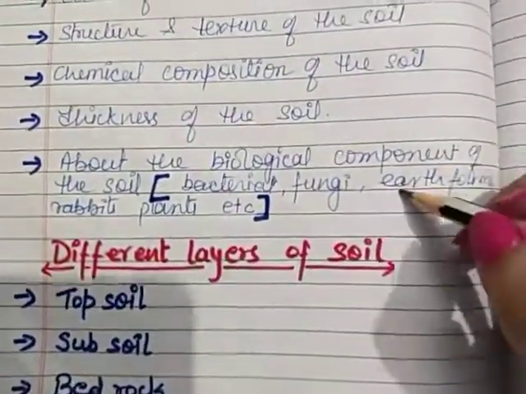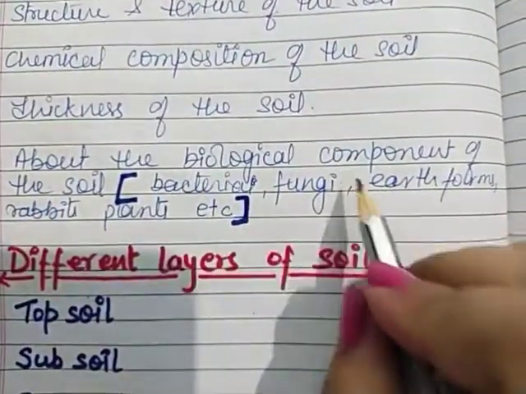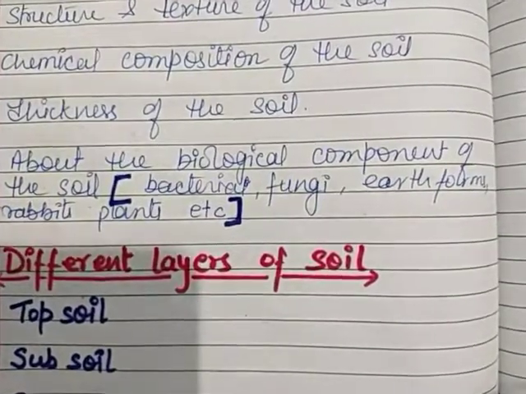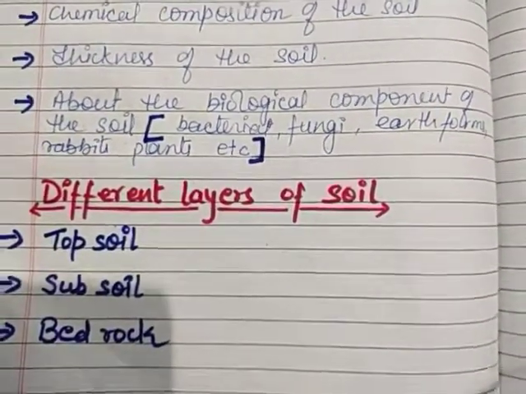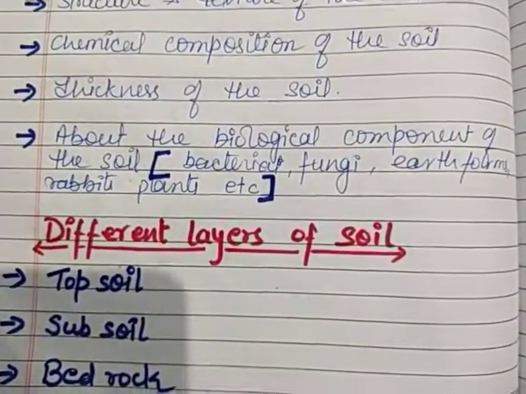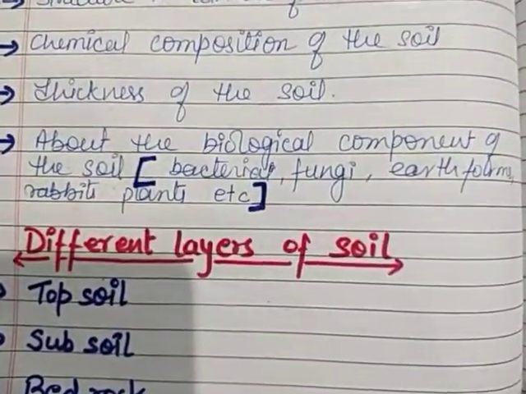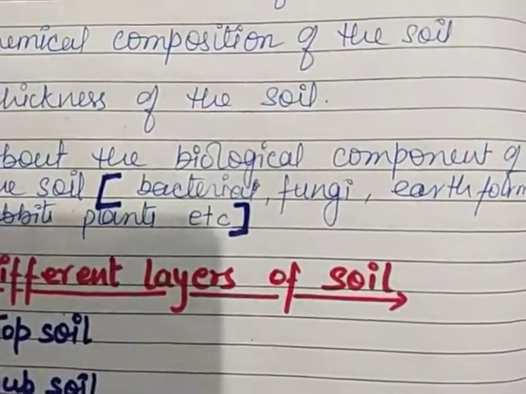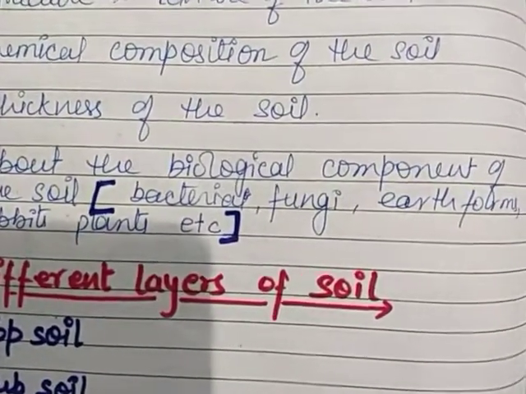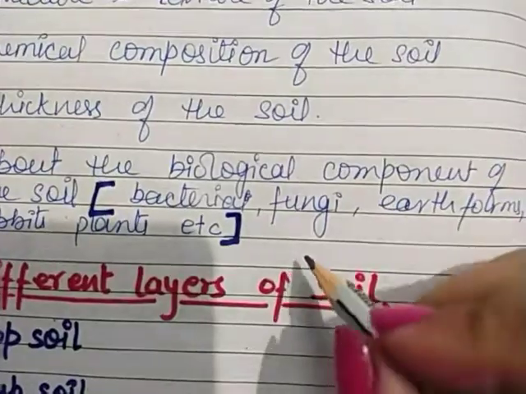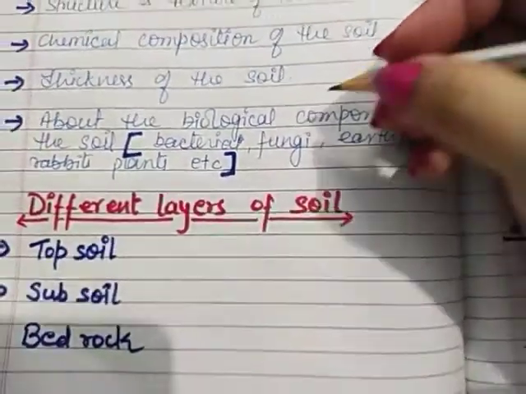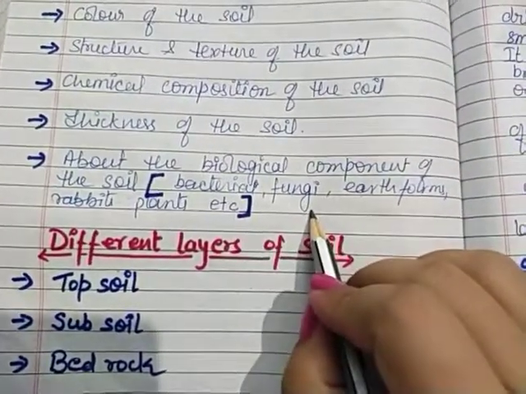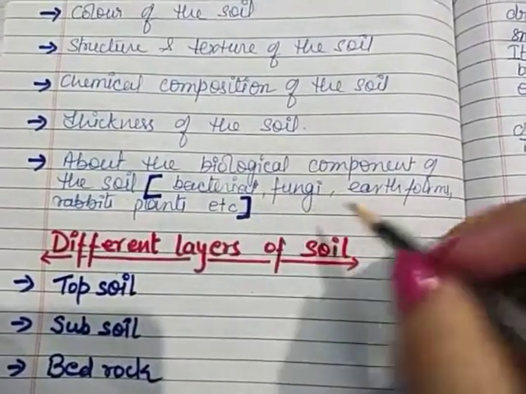Now the last and important point is the biological component of the soil. Of course, we discussed in our very first video that certain living creatures like earthworms, rabbits, snakes, moles and certain microorganisms like bacteria and fungi are also present in our soil, in the different layers of the soil.